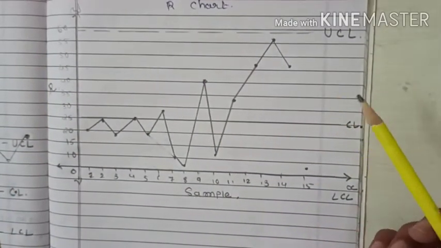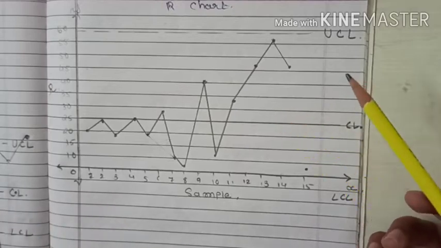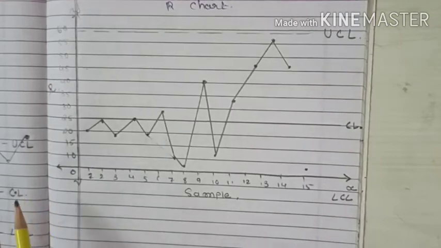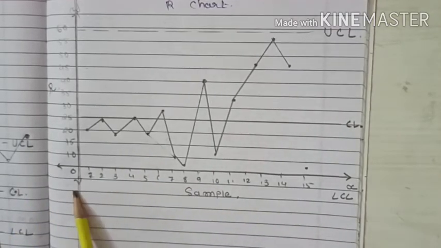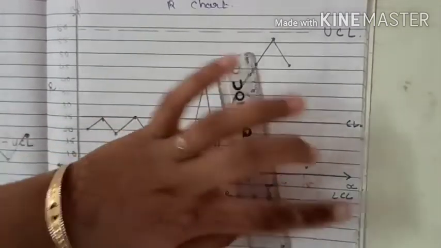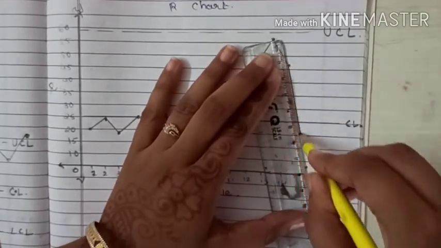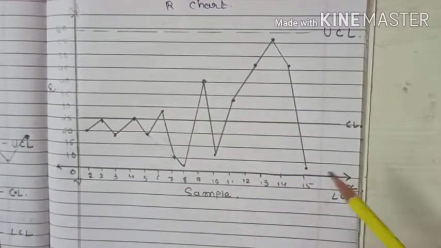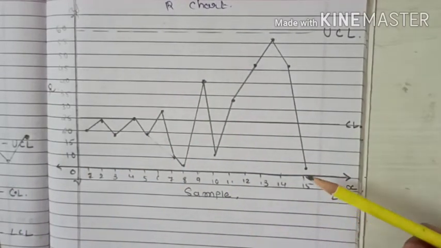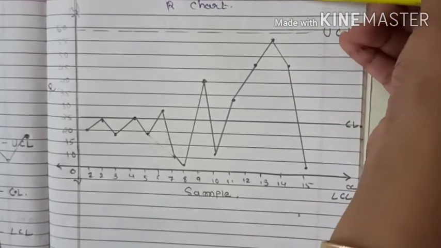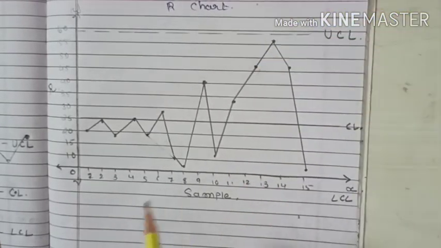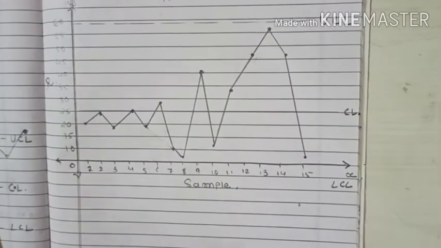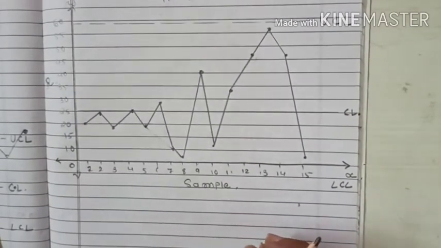So let's start observing whether any point goes below the lower limit or beyond the upper limit. There was a mistake, I had not joined that point. So in this chart, no point goes beyond the lower limit or above the upper limit. That means on the range chart we can conclude that the process is under control.